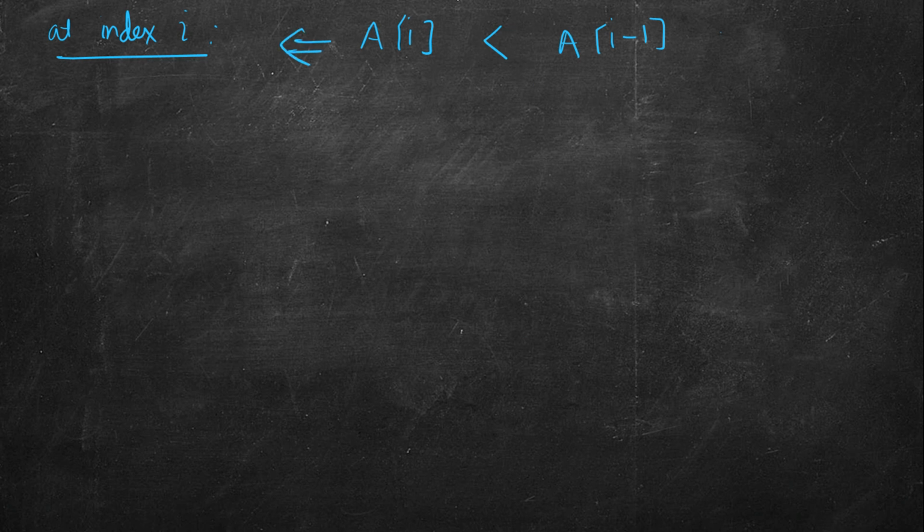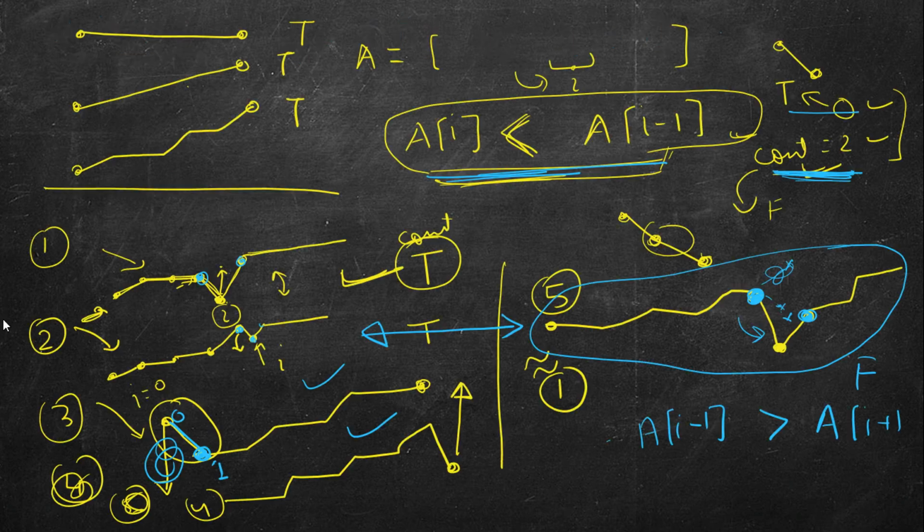So now we are at an index i where there is a dip. That means A[i] is less than A[i-1]. This is the condition when we noted this index i. So we had two conditions.